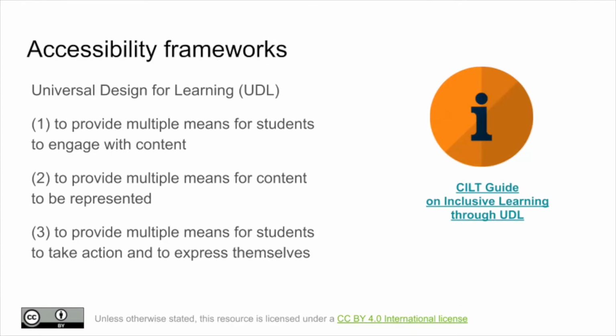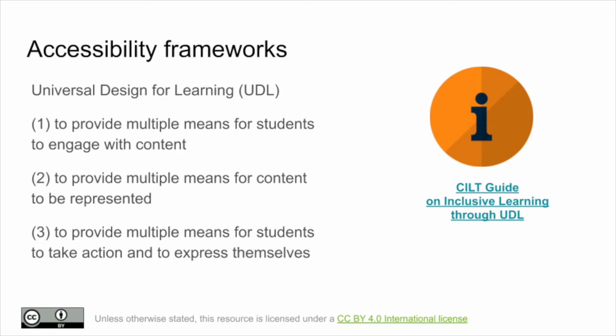There are many frameworks that can be used to go about planning and making content accessible for online teaching, such as the use of the universal design for learning, which has three key principles. Not in any particular order, but on my screen, the first is to provide multiple means for students to engage with content.